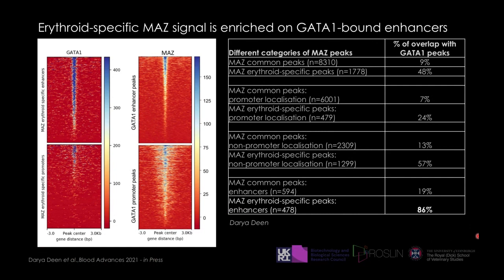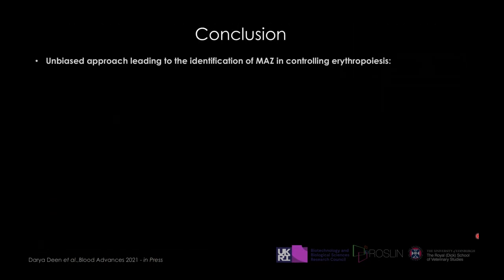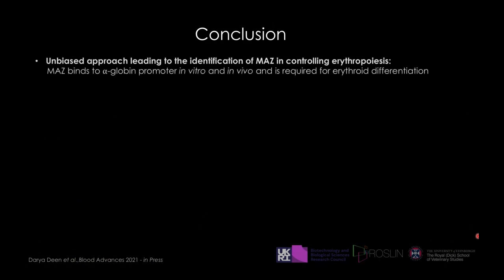The work was actually accepted recently and is still not online at the moment, but is being accepted in Blood Advances. So in conclusion, we used an unbiased approach leading to the identification of MAZ as a transcription factor controlling the erythroid program, originally by looking at MAZ binding to the alpha-globin promoter in vitro and in vivo, and we found that it's definitely required for erythropoiesis.